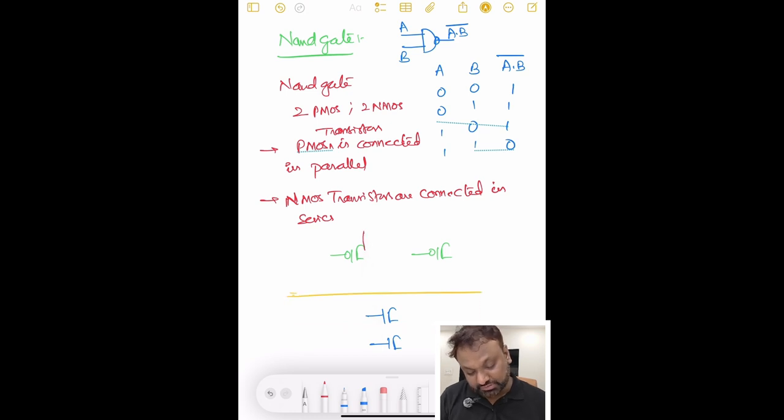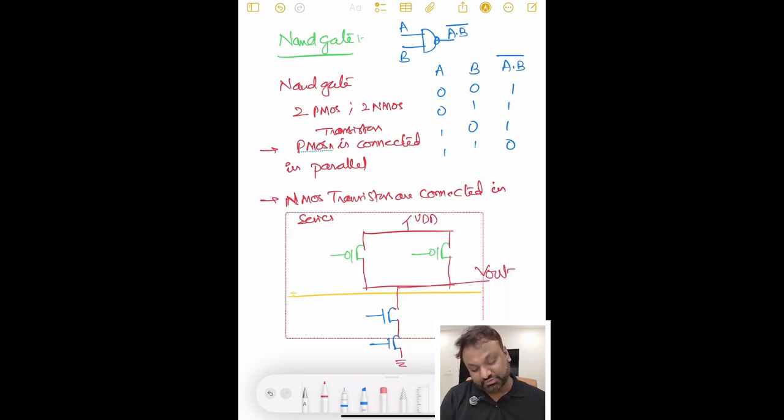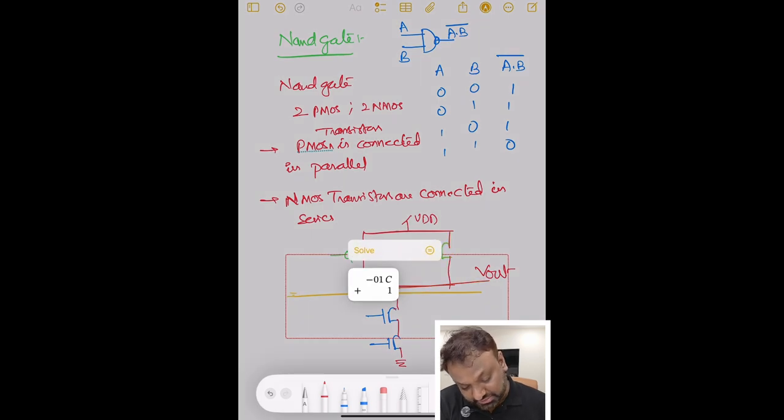So this is the connection. Here I will give the VDD, and here I will connect it, and simply give it to here, and from this point we take the V out.